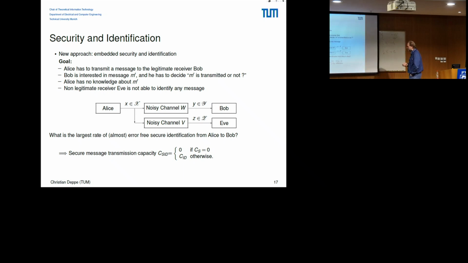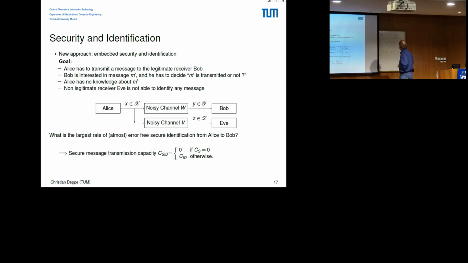If the secure capacity, what we have before for transmitting, is 0, then we can do nothing. But if it's bigger than 0, then the secure identification capacity is exactly equal to the identification capacity. That means in principle we lose nothing in this case.